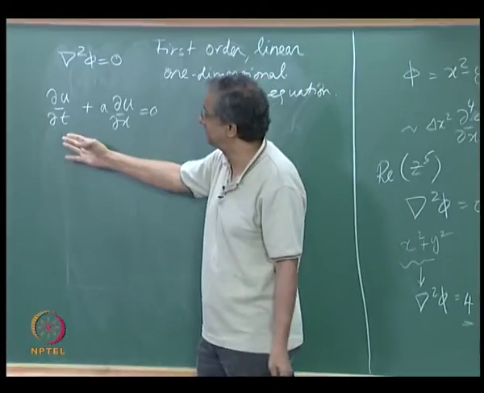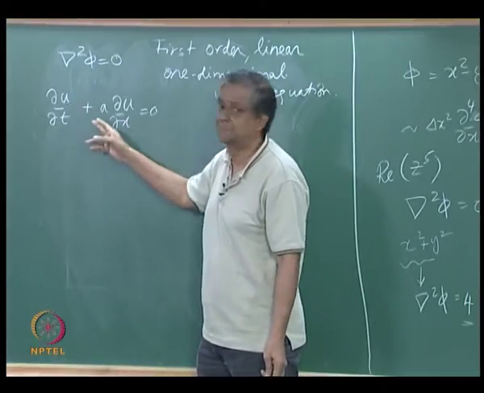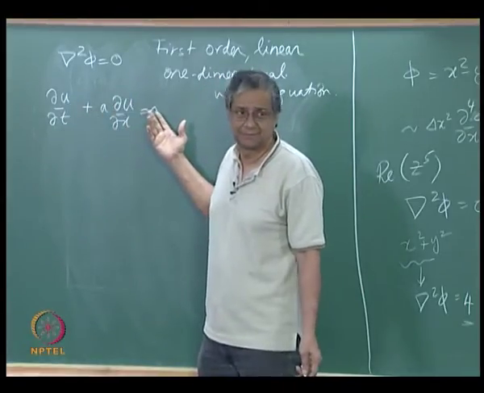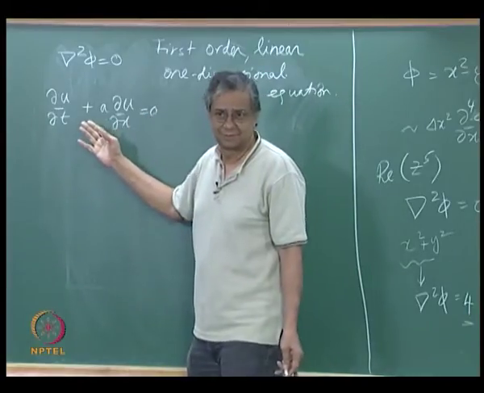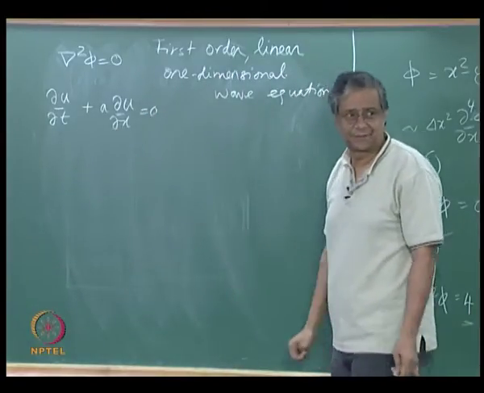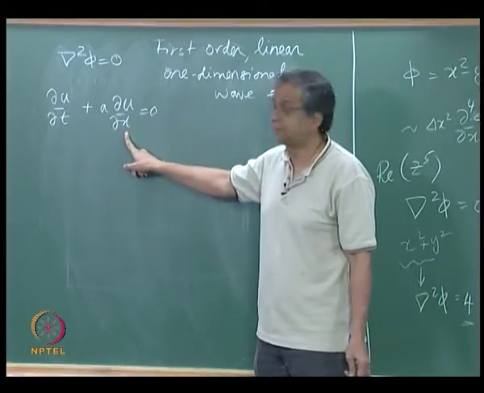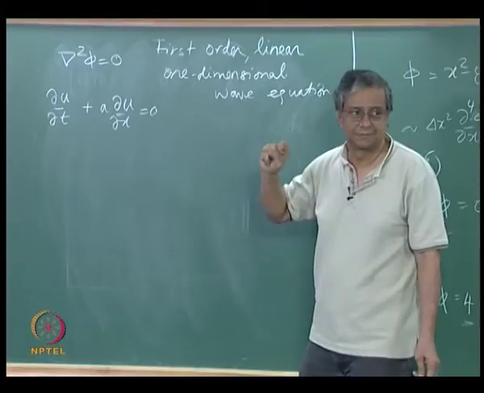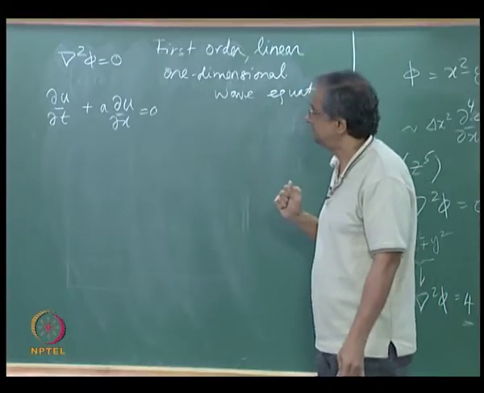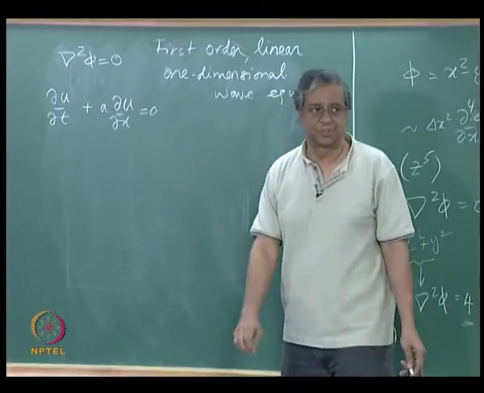I may have written dou u dou y plus a dou u dou x equals 0; it is just chalk dust, we just interpret that y as t. But because it is in one space dimension we refer to it as a one dimensional problem. Is that fine?